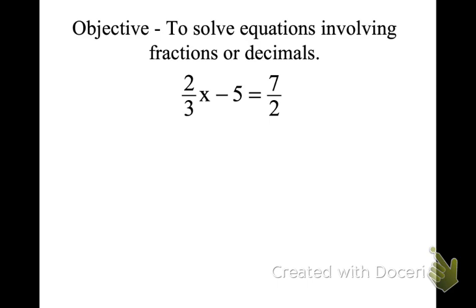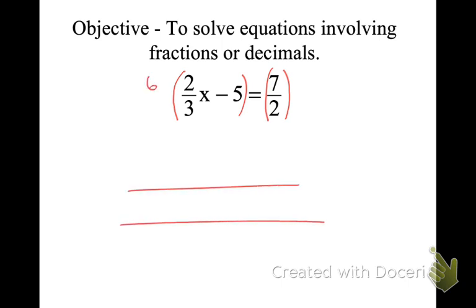That common denominator would be 6. Now, I'm going to write this out for you because I want to make sure that you are lining things up properly. We can do anything to an equation as long as we do it to both sides. So I'm going to multiply by, and I want your fraction to stay on the line paper. I want your fraction bar to be on the line.